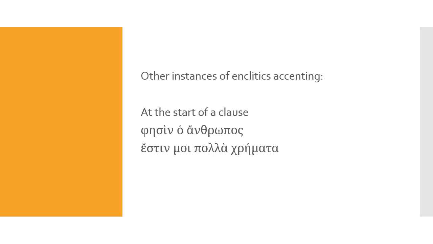Ἐστίν will often accent upon the first syllable especially when it is indicating what people call an existential use, that something exists. Here, there is moi, polla chremata. There is much wealth to me. Ἐστίν will accent like this at the start of a clause. And also, to be honest, if ἐστίν is being used in a particularly existential sense, it may accent ἐστίν elsewhere in a clause, despite the other rules.